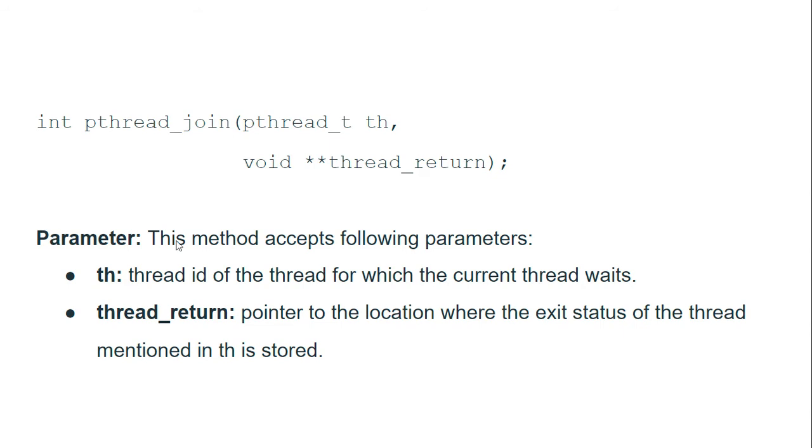If you want the main function to exit only when the thread is completed, you can call the pthread_join function. This is the use of the join function. If you make it a join thread, the main function will not exit until the thread has exited. I will show you this example.